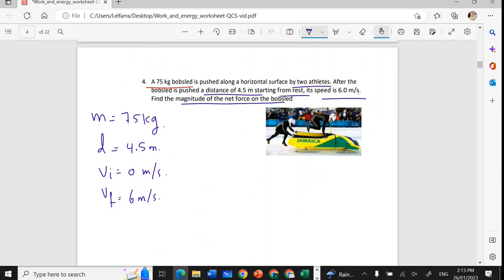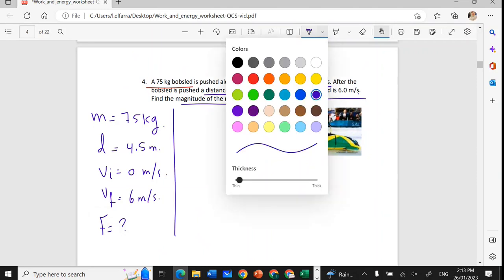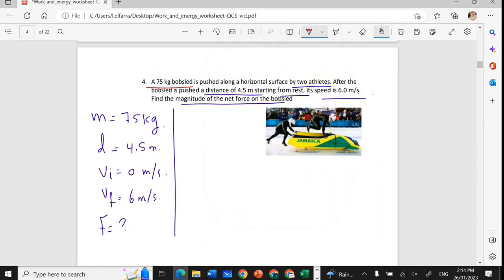Find the magnitude of the net force on the bobsled. So I need the value of the net force. Now, after we write the given, check the units. The units are consistent. Kilogram, meter, meter per second. So the units are fine. I don't need to convert. We go now, just write the formula and substitute.